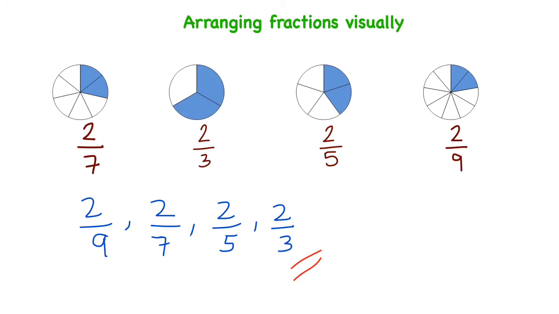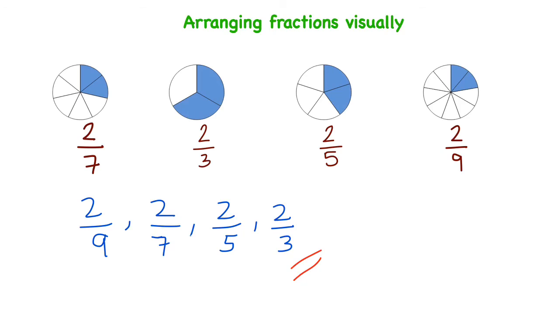So I have to arrange these fractions in ascending order. If I look at all the diagrams, I can see that 2/9 form the least fraction, isn't it? The shaded part is less than all of them. So first will be 2/9.